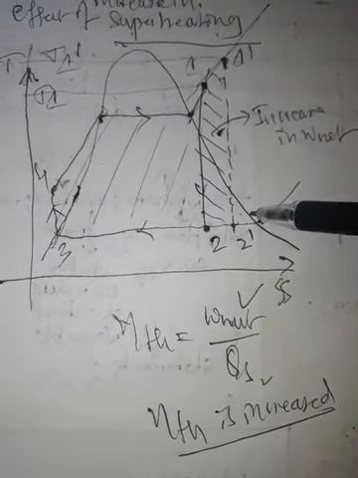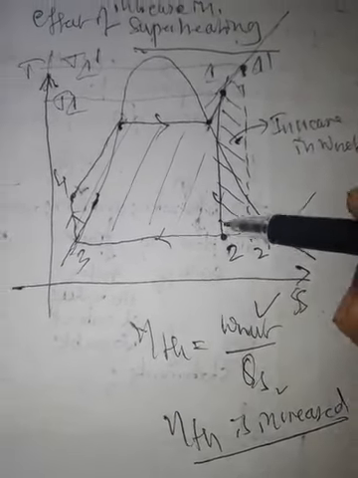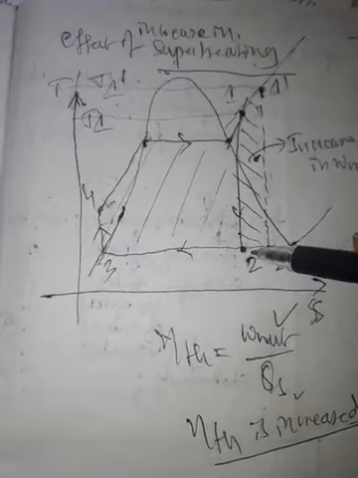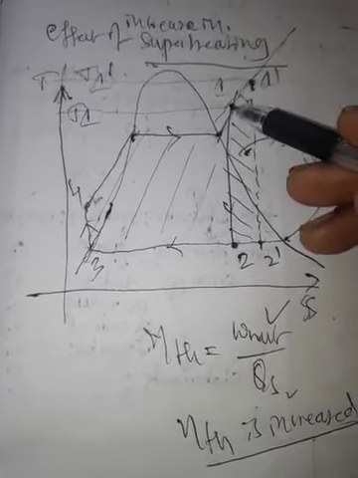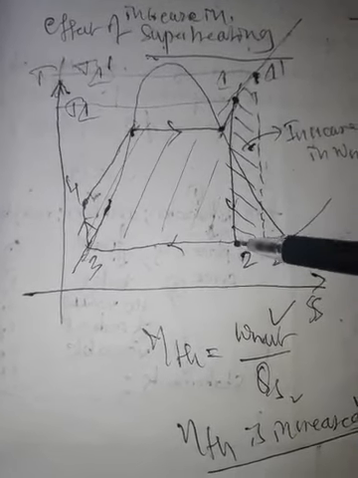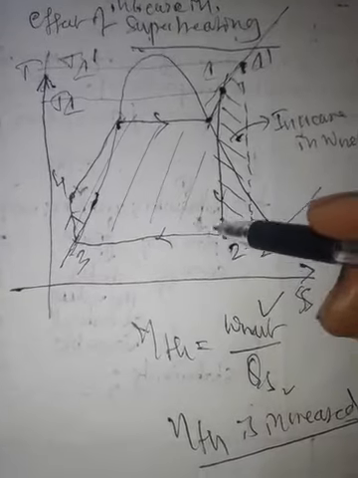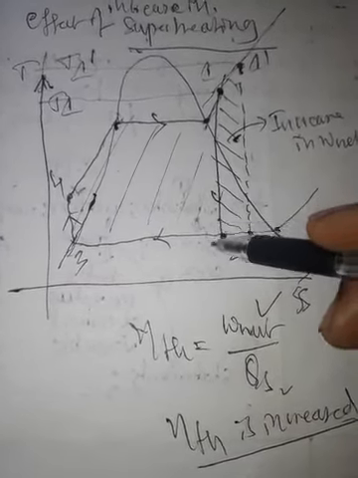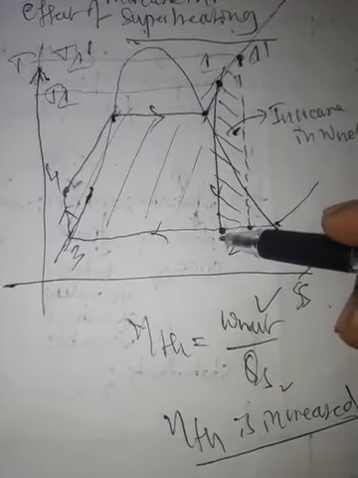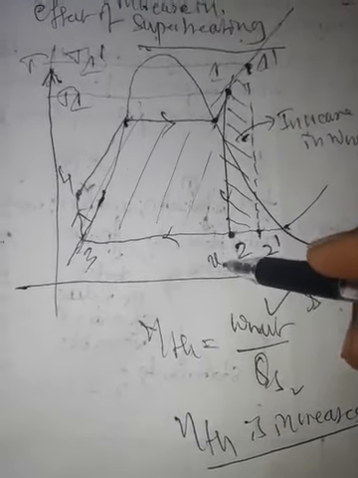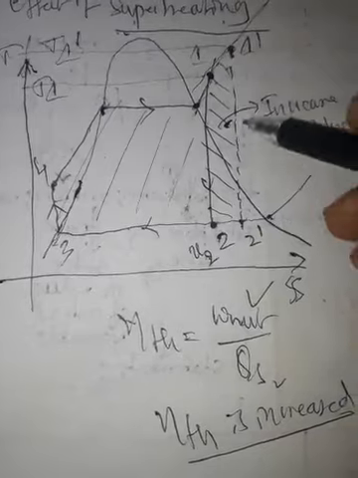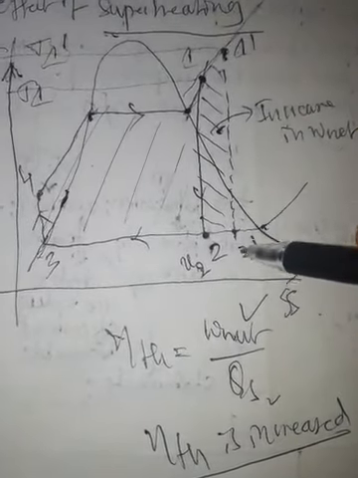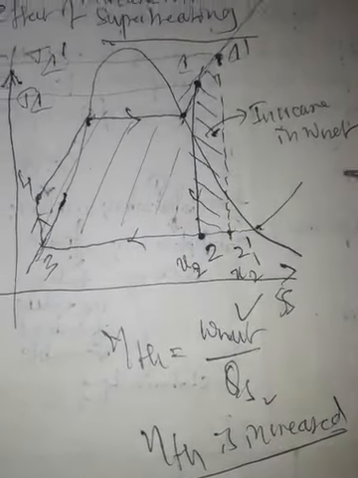So friends, one more effect of superheating is, if you superheat the steam, how about the quality of the steam, that is dryness fraction of the steam in the state 2. Earlier during the process 1 to 2, that is state 2, its dryness fraction was x2. Now after superheating, the dryness fraction is x2 dash.